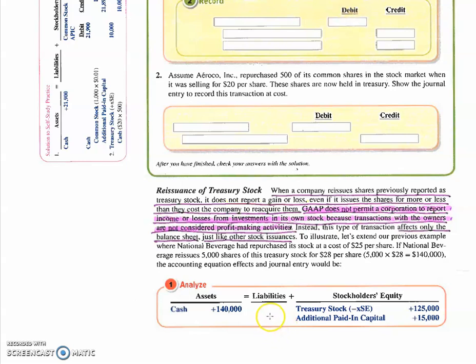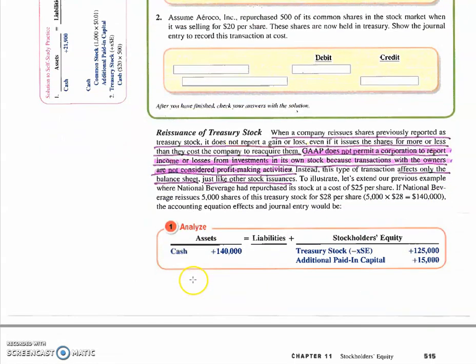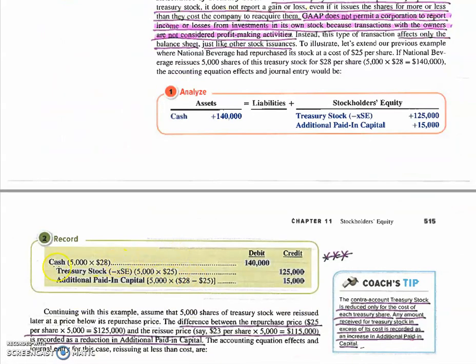So in this case, they took some of that stock they had bought for $25 a share. Price had gone up to $28 a share, and so they sold 5,000 shares for $28 a share. So that brought in $140,000. We increase cash or debit cash for that $140,000. We credit treasury stock at the $25 a share we paid.